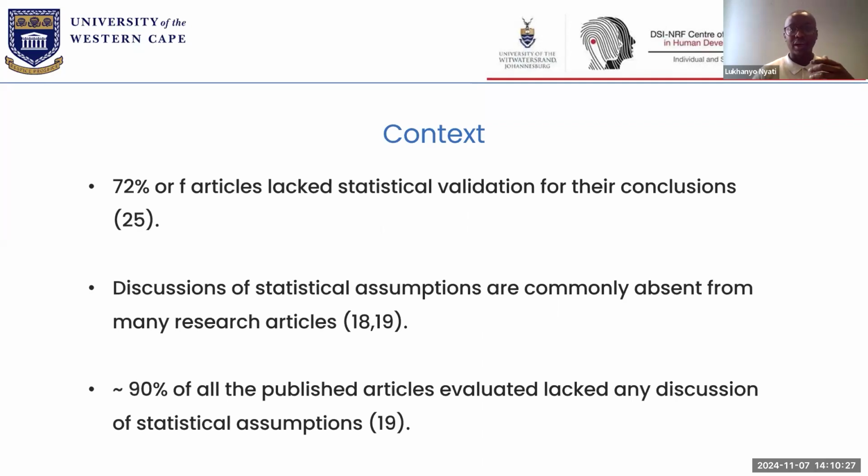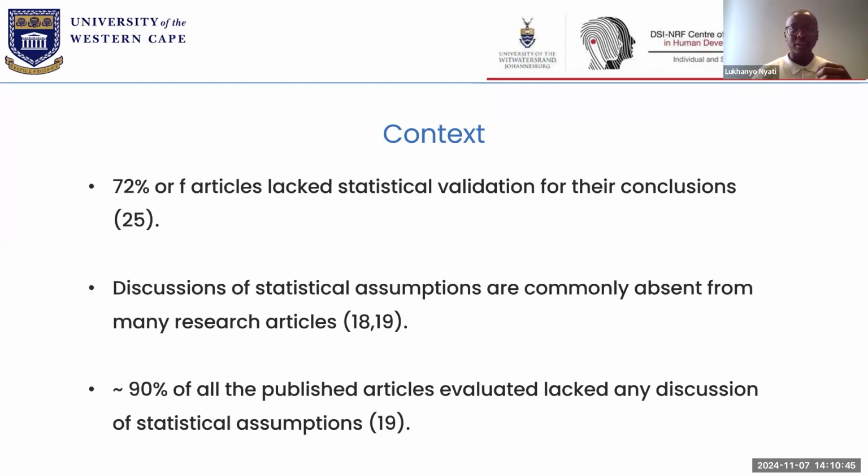72% of articles lacked statistical validation for their conclusion, meaning that there is a lack of connection between the results that are demonstrated in the article and the conclusions that are reached.